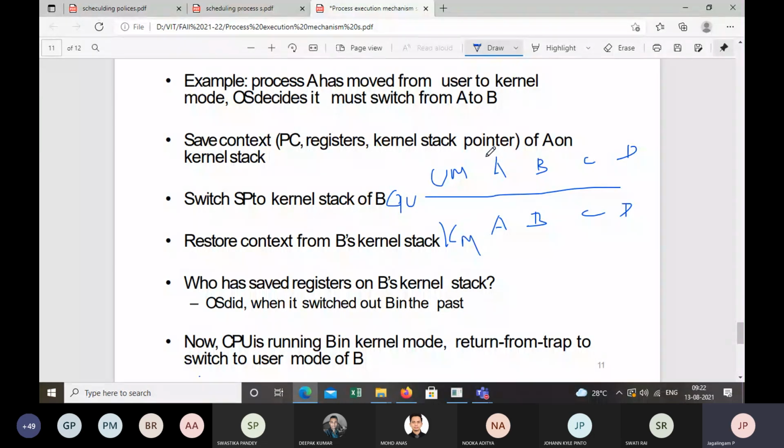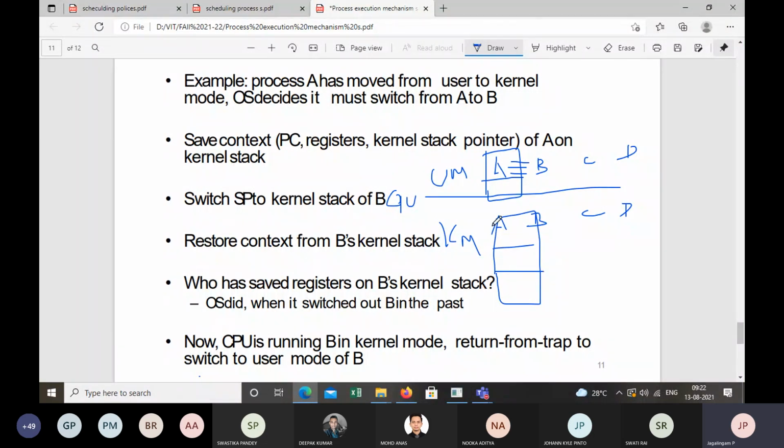Right. Now, when you execute process A, you have an instruction. When you execute the instruction, somewhere you make a system call. This is one reason, right? When you invoke a system call in the program, the CPU changes from the user mode to the kernel mode.